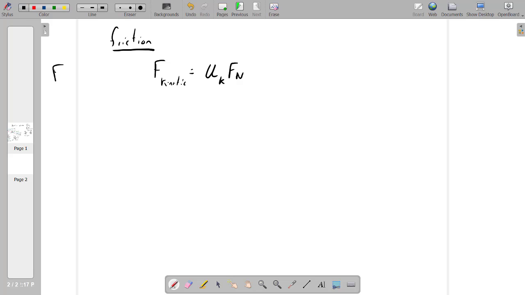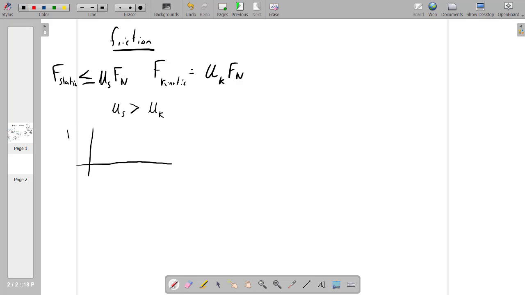And then we have static, where I need to have an inequality sign. All right, so static and kinetic. Kinetic means moving, static means stationary. And the reason for this, we know that static is always stronger than kinetic, or the coefficient. This coefficient is always stronger for static. And it looks something like this.